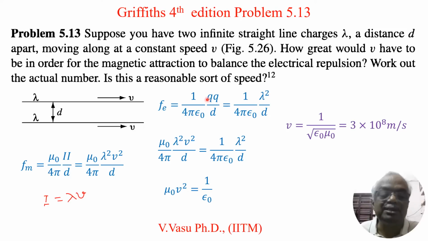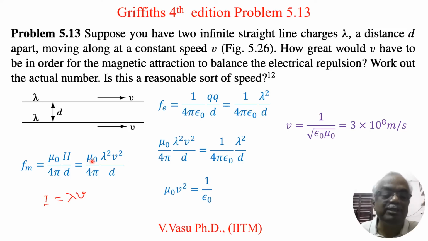This is electric force per unit length. Like here we have seen the magnetic force per unit length, here we are going to see the electric force per unit length, which is equal to lambda times lambda. So this will become lambda squared divided by t. Of course, you have 1 over 4 pi epsilon naught, lambda squared over t.